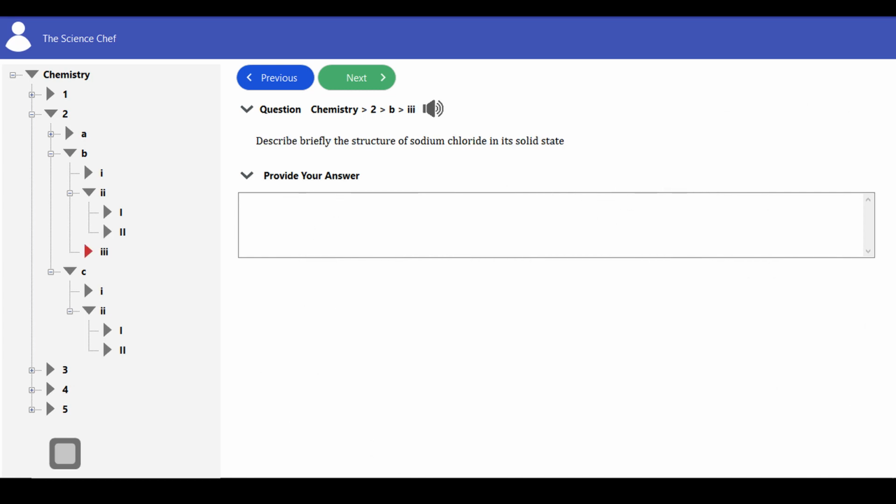Describe briefly the structure of sodium chloride in a solid state. Structure of sodium chloride in a solid state. Sodium chloride is an ionic compound that is made up of sodium ions and chloride ions, right?